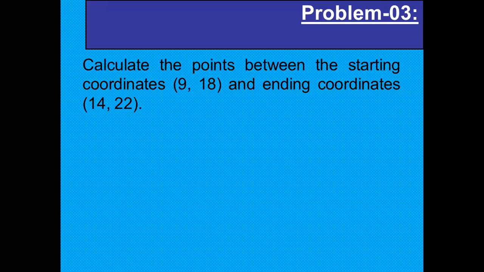In symmetrical DDA, first we will calculate the value of n. n is an integer, and you calculate the value of n with the help of epsilon, that is the error term, a minimum value. Okay. So what is the formula for epsilon?